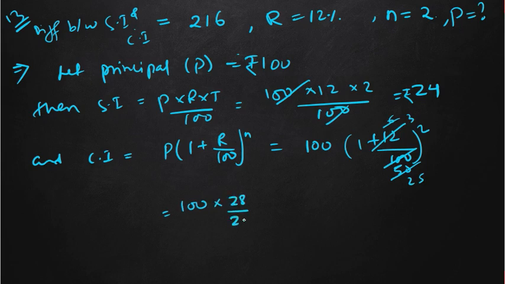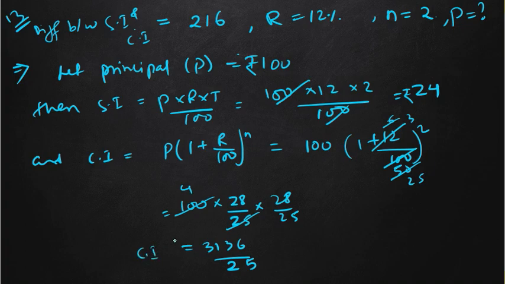That means this will be 100 into (25 plus 3) by 25, that is 28 by 25 into 28 by 25. So 25 fours are 100, and if you multiply and solve this, it will be 3136 divided by 25. So when principal is 100, this is 3136 by 25.